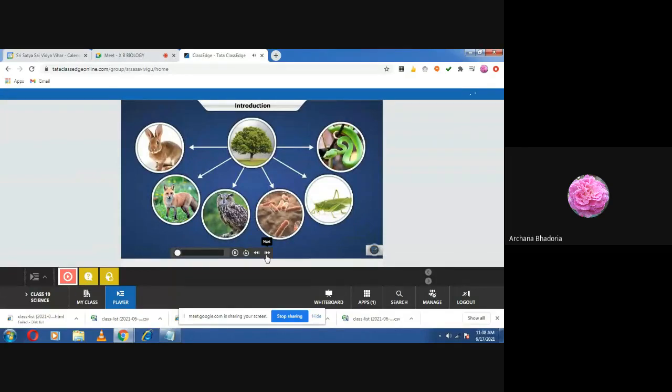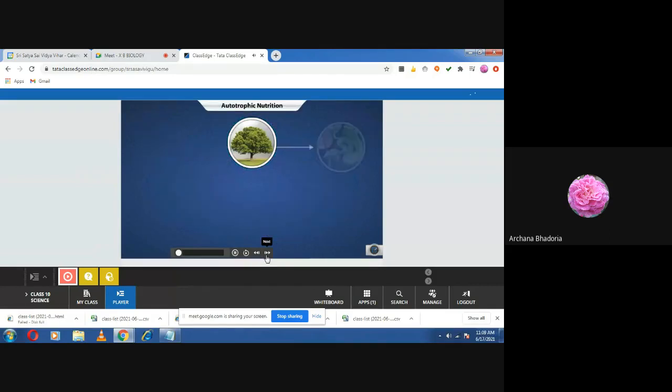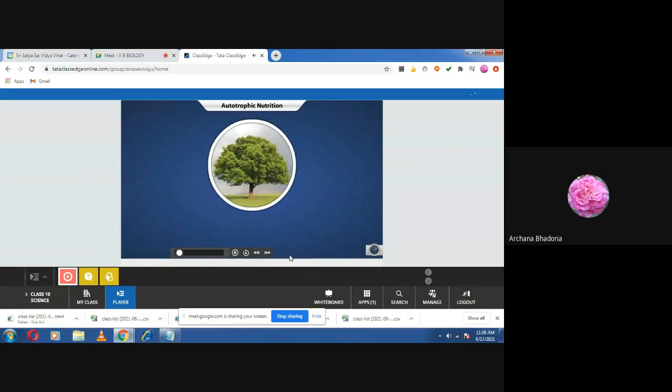But how do plants get their nutrition? Plants are autotrophs. The term autotroph is derived from two Greek words, auto, meaning self, and trophic, meaning nutrition. This implies that autotrophs are self-feeding. This type of nutrition is called autotrophic nutrition.